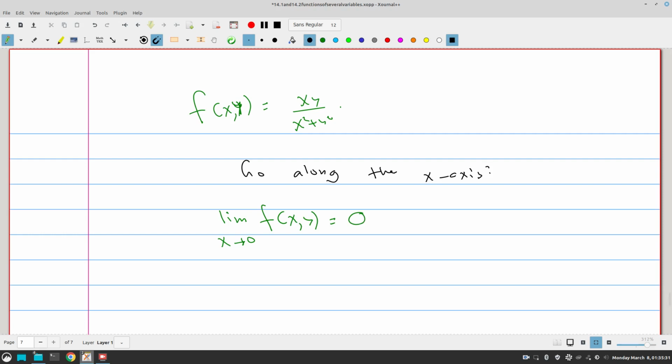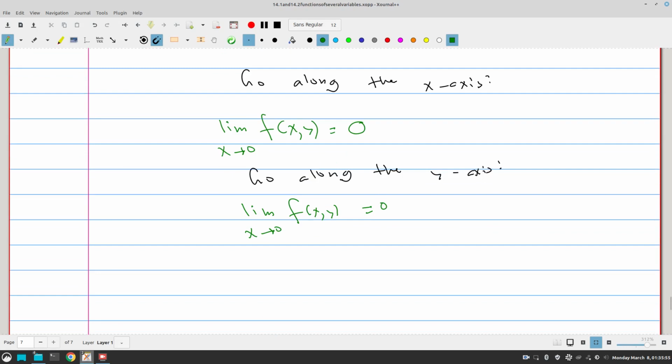Then you go along the y-axis, and the limit is still 0, because along the y-axis x equals 0, along the x-axis y equals 0. Now, does this tell you that the limit exists? Well, no. We've only looked at two different paths. What about other paths?